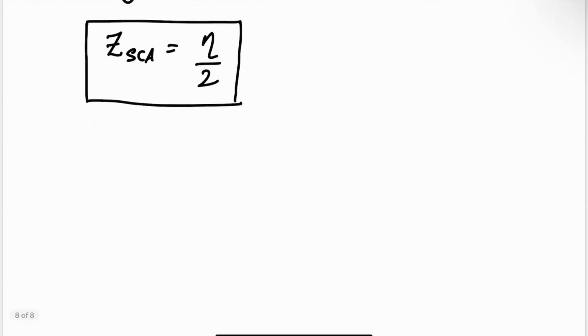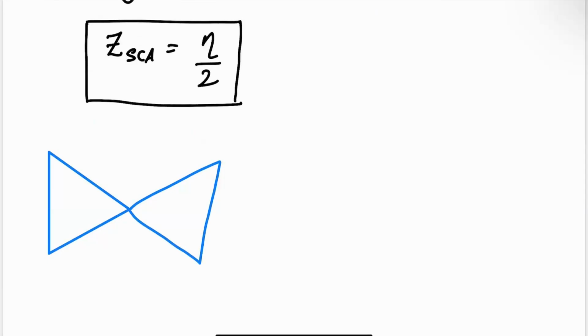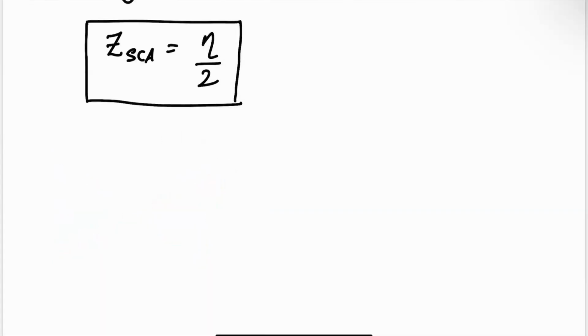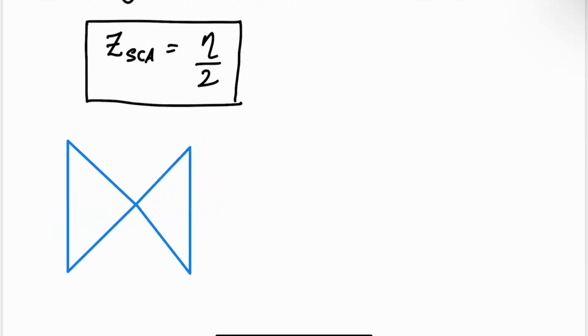So what kind of antennas am I talking about? We can do a few examples here. One example is a bow tie antenna. Looks something like this. And maybe this is not a very good self-complementary structure. It's better something like that.